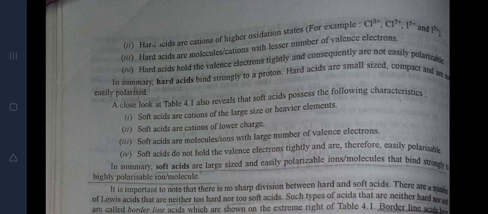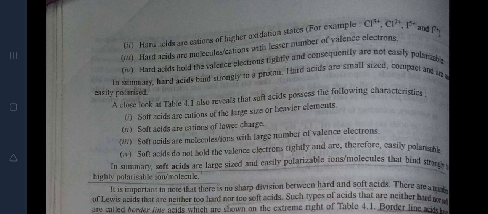Similarly, soft acids possess the following characteristics. Soft acids are cations of larger size or heavier elements. Soft acids are cations of lower charge. Soft acids are ions or molecules with a large number of valence electrons.